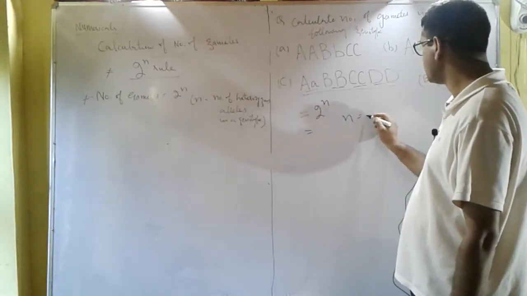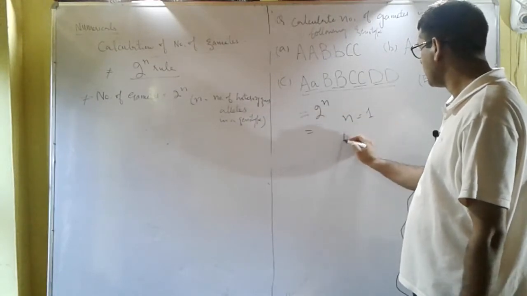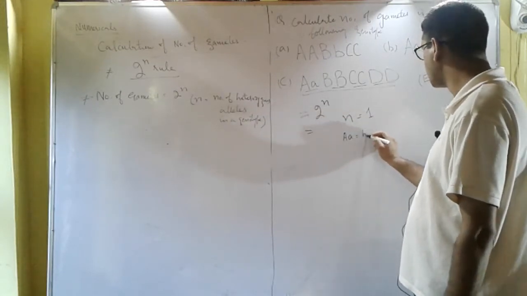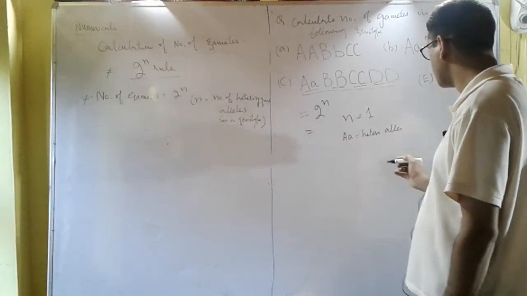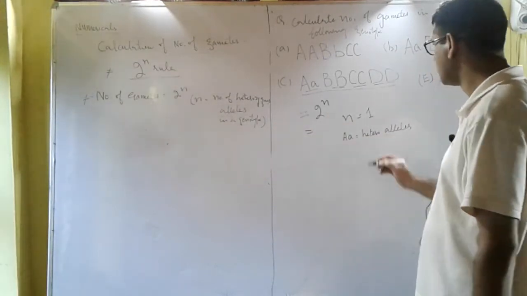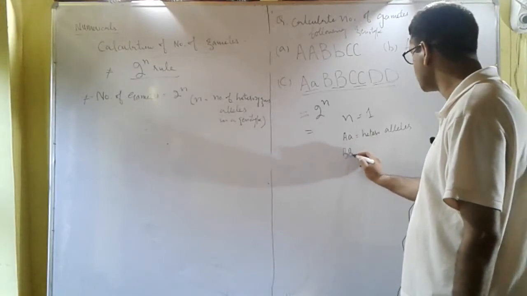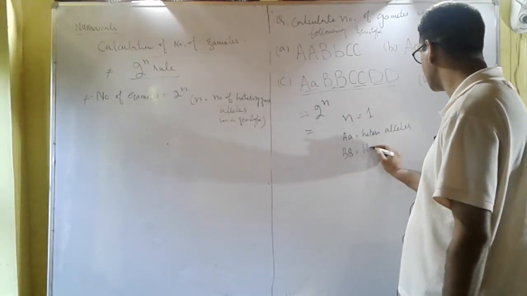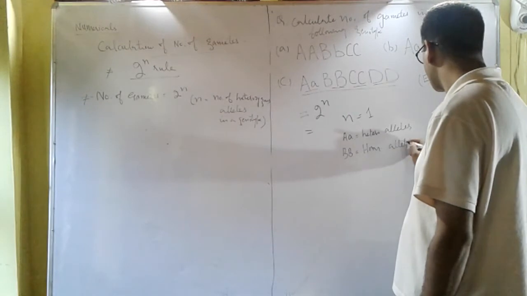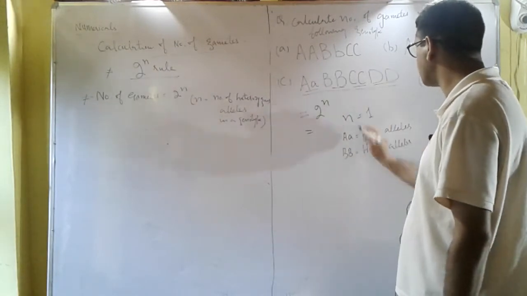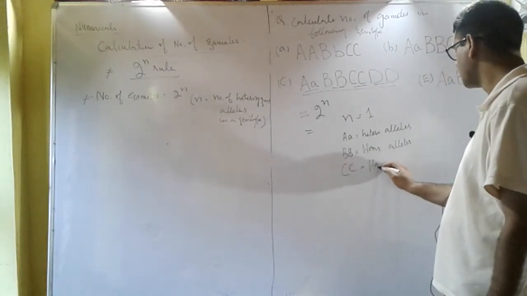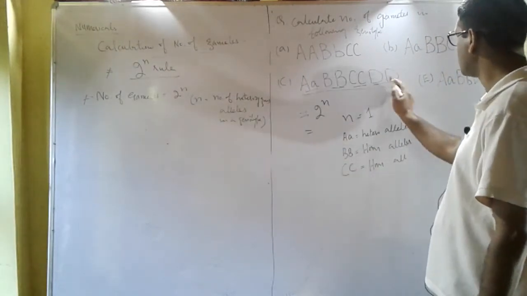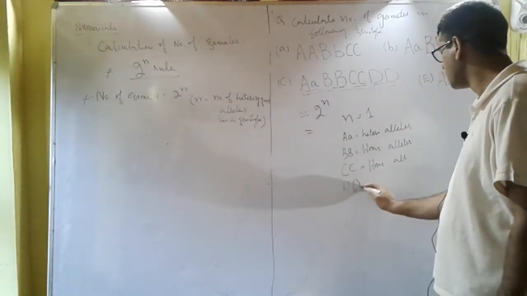We have capital A, small a, which is heterozygous; capital B, homozygous; small c, capital C, homozygous; capital D, also homozygous.